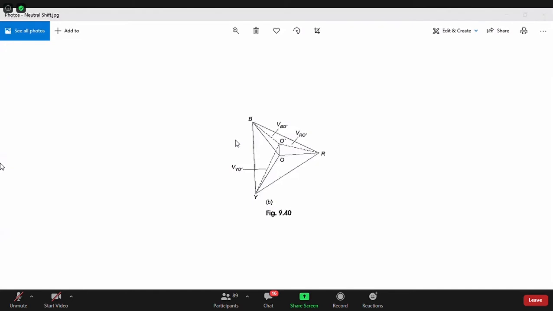But if it is a star connected load and it is such an unbalanced thing, this neutral shift, if I can measure it, will without any doubt tell me whether it is a balanced or an unbalanced system. Therefore, this neutral shift is one of the most important parameters for our power system.